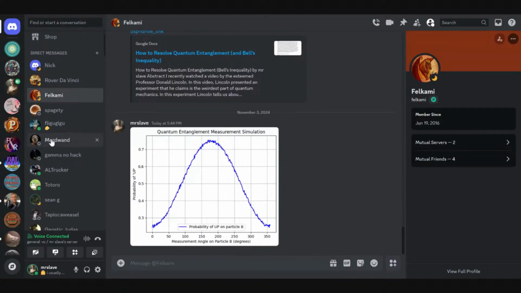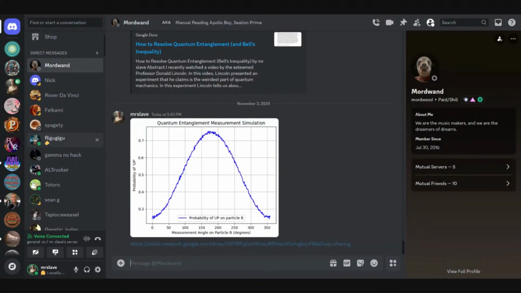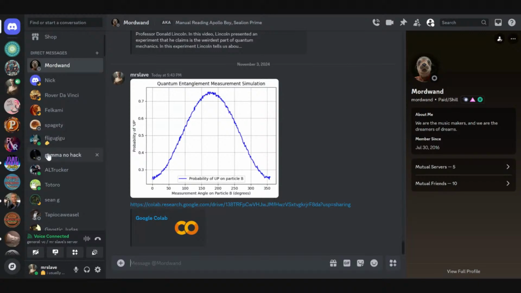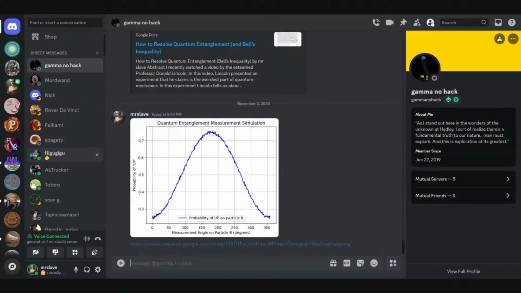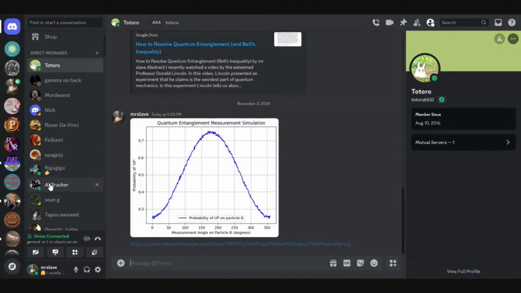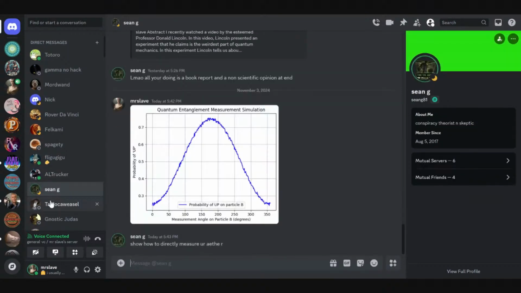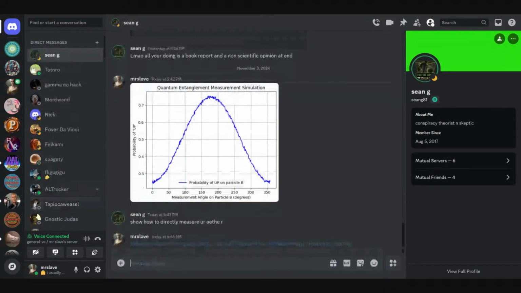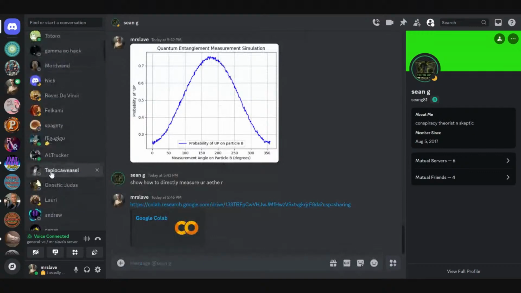The most important, oh, Mordwand would like to see this. Gamma would like to see this. Totoro would like to see this. Shanji. The most important is Tapioca.